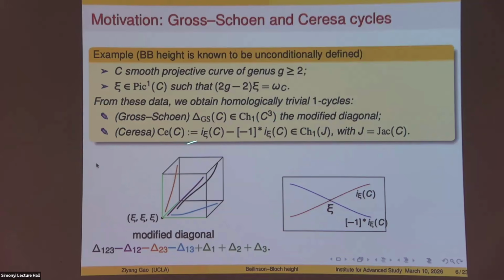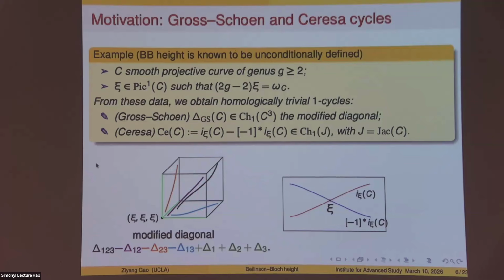So the left-hand side is for the Gross-Schoen cycle. We have C cubed, which is these 3 directions here. C, this is like the origin of the 3 directions. And we have all the diagonals, like this black one. This is the actual diagonal in the 3 directions. And we also have the partial diagonals, like this orange one, this purple one, and this blue one.